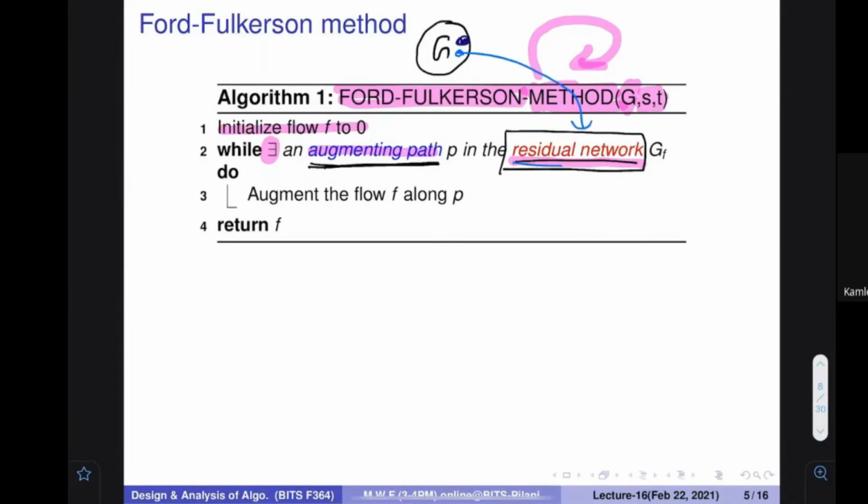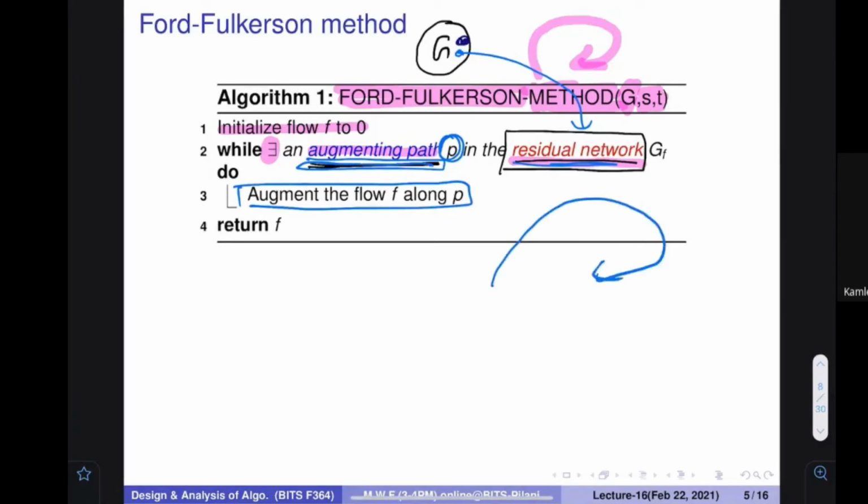And in this residual network, we find out if there is an augmenting path, which we would be seeing very soon. If it exists, then I am going to augment the flow along this path. I'm going to call this path P, and whatever this augmenting path is, in this particular direction, I am going to augment the flow.